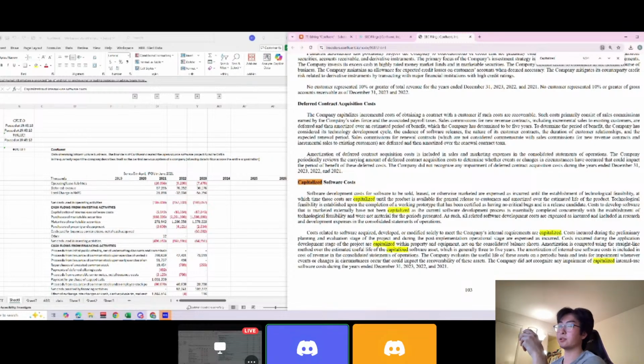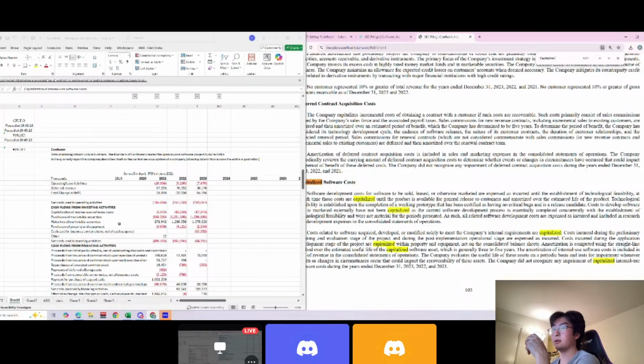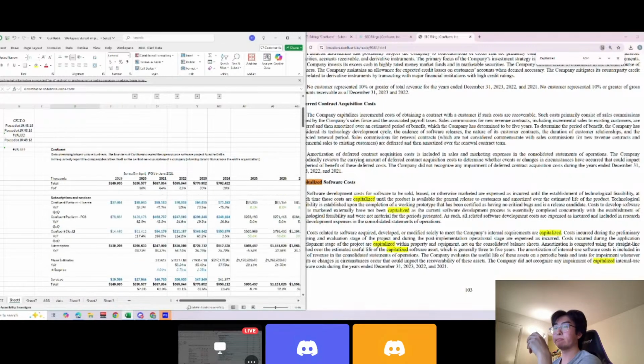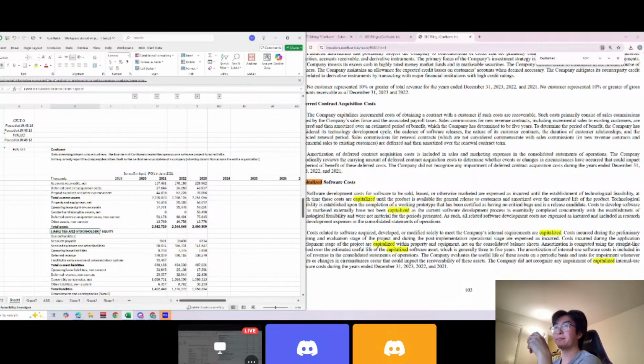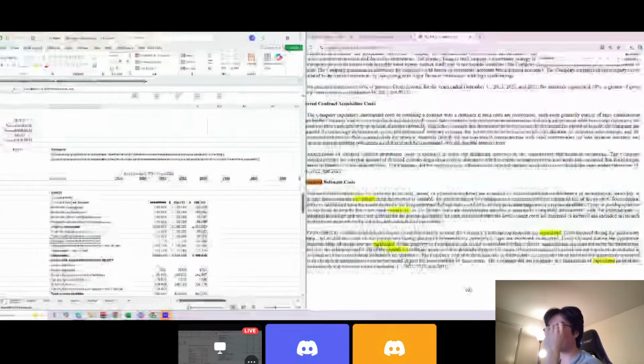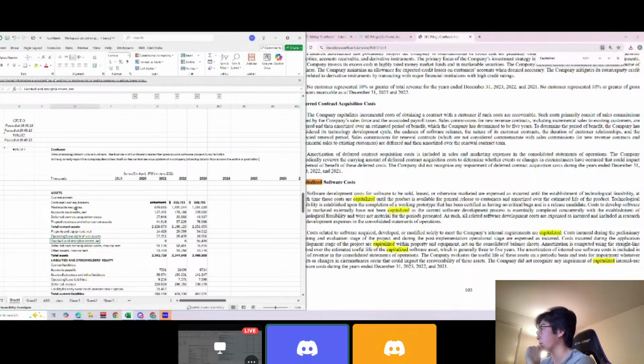So I wonder where it is then, so maybe it's total assets, marketable securities, operating lease right of use assets, deferred contracts. Maybe it's this, goodwill and tangible assets. Other assets non-current.